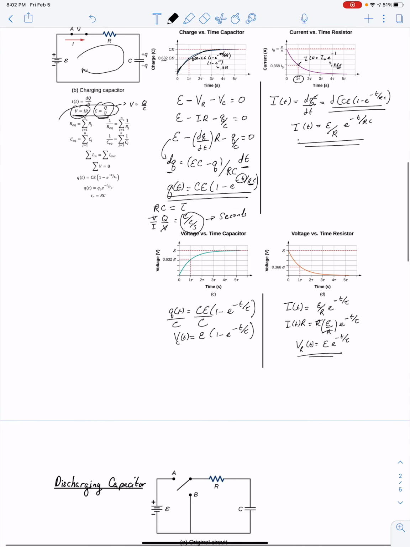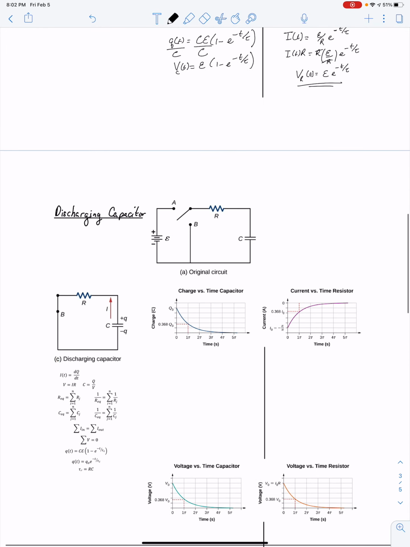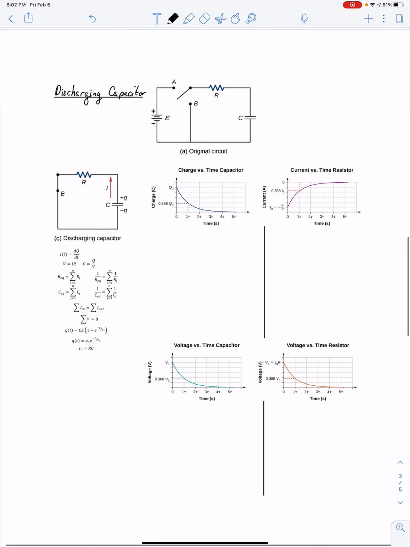That is charging a capacitor. So we're going to go a little bit quicker with discharging of the capacitor. As we spoke before, when we start discharging and we move from being neutral to position A now, to B now, then the capacitor, which was charged before, has a route now and starts flowing from positive to negative, and that is the current.